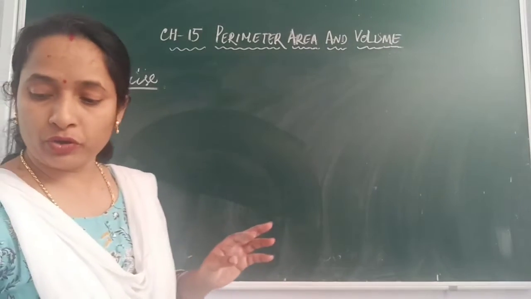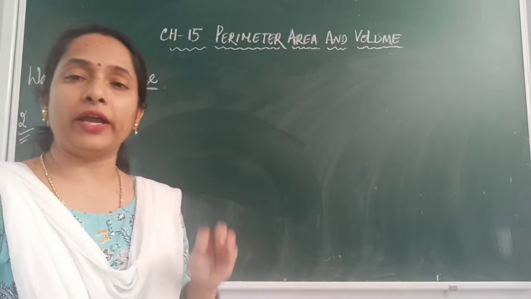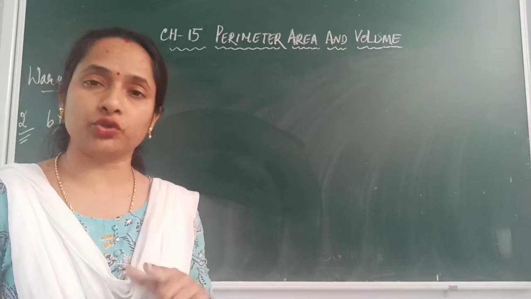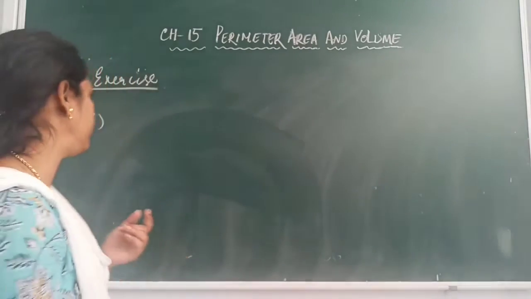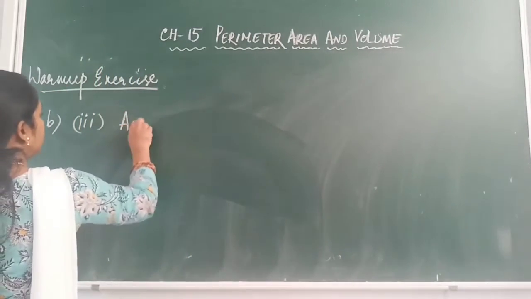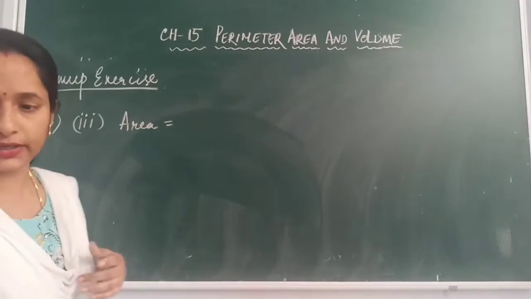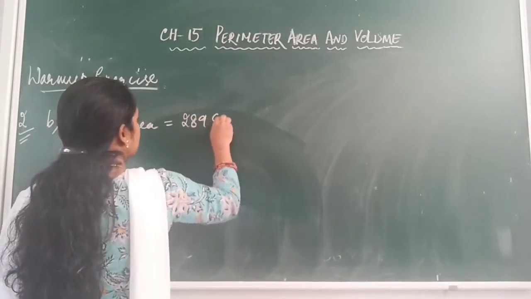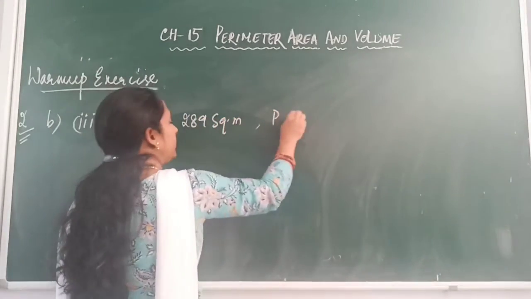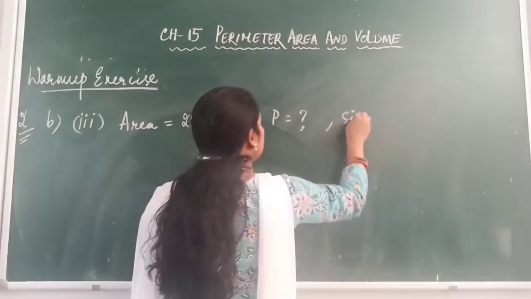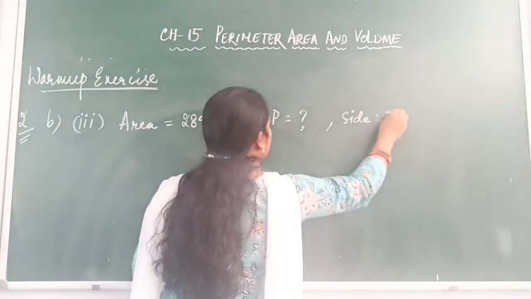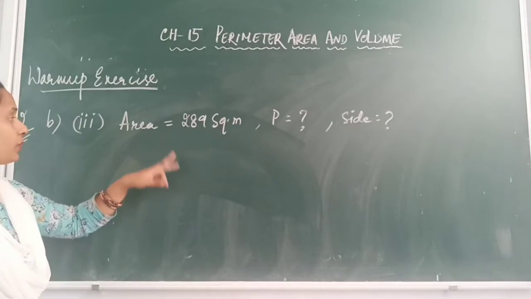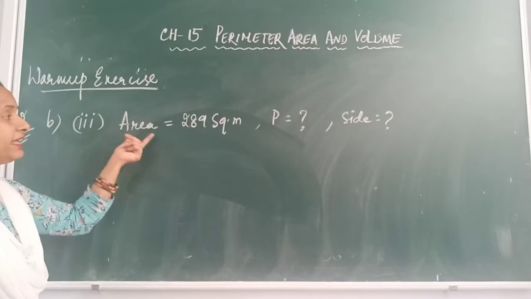Now let me help you find the length of the side as well as the perimeter of a square when only the area of a square is given. Here in this case, only the area of a square is given, that is 289 square meters. You need to find the side of the square and also the perimeter, isn't it? Now, how will we find the side of a square when the area is given?